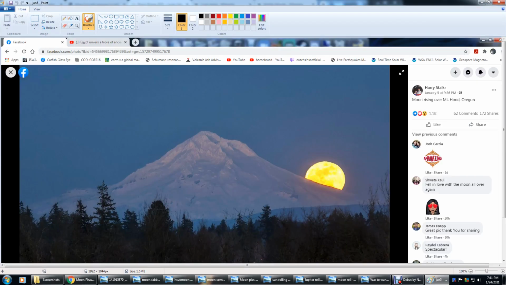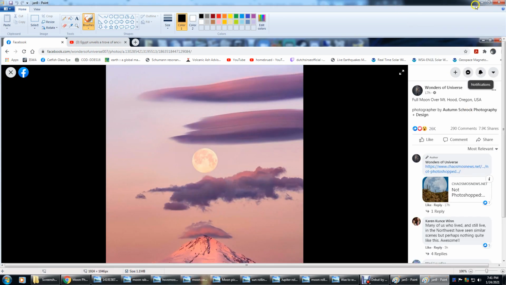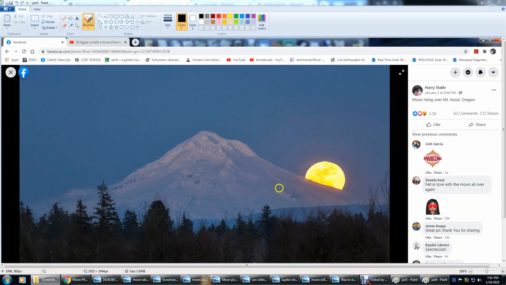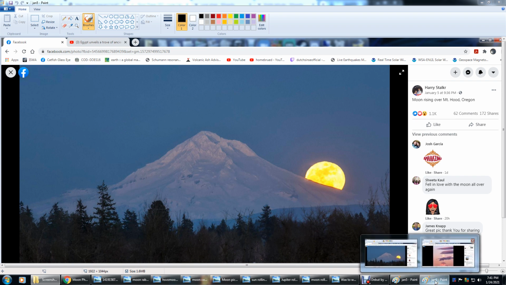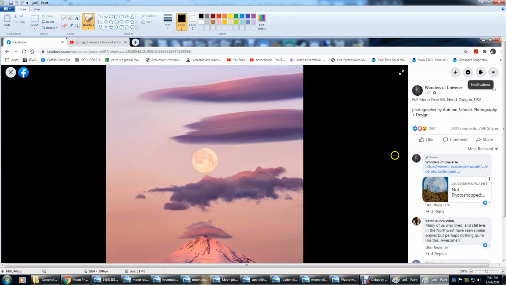Well, I did find these pictures. I got these from a Facebook group. Now, they were taken on different days, but that's okay. You can see the rabbit ears here. They are of the same state, Oregon, a full moon over Mount Hood, Oregon.